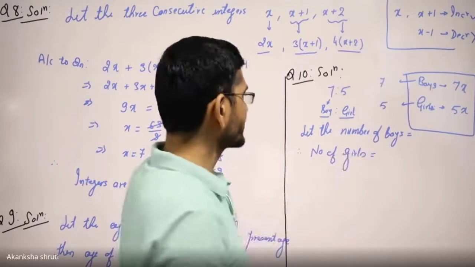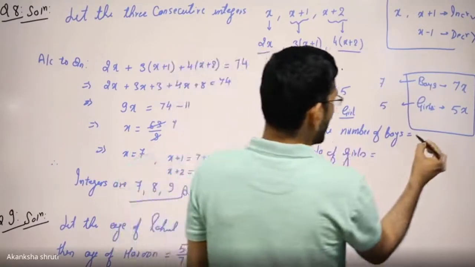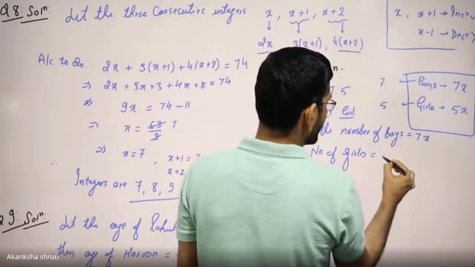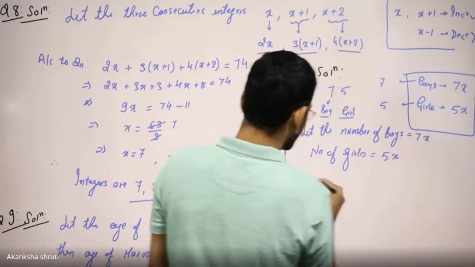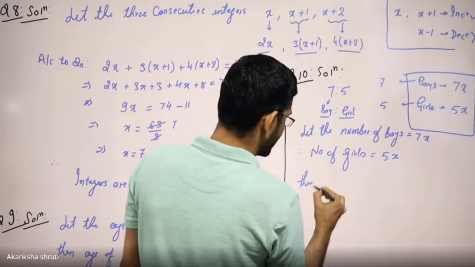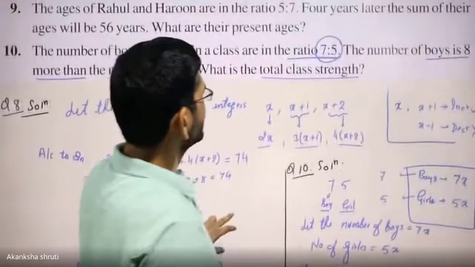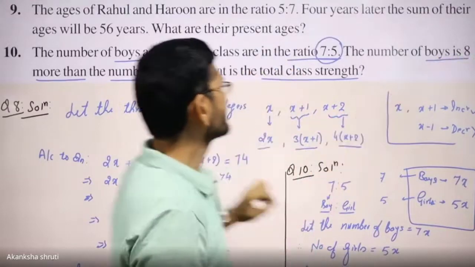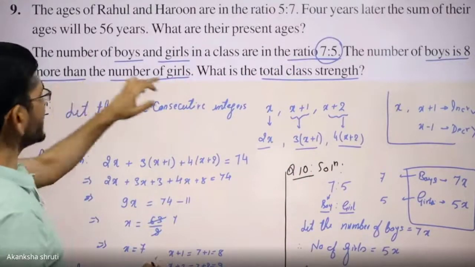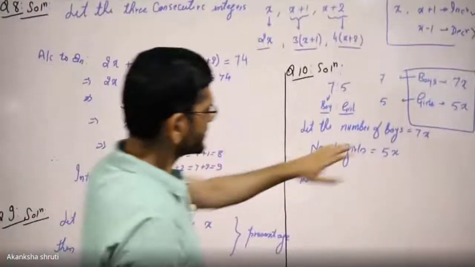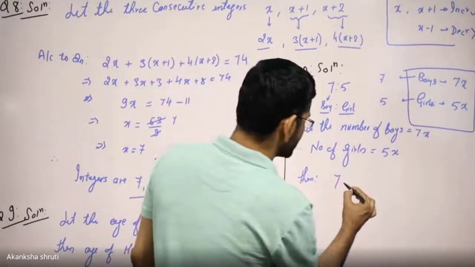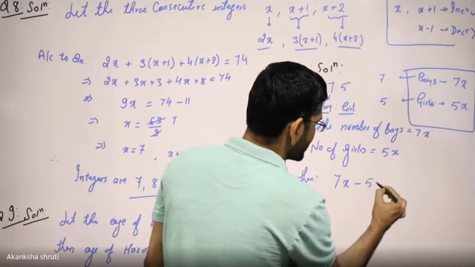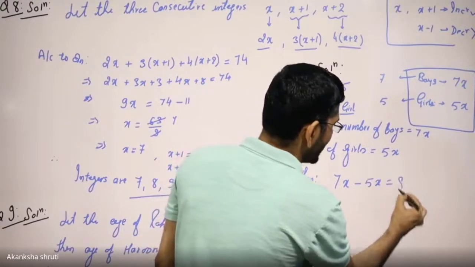Okay. So let the number of boys be 7x and the number of girls be 5x. Then according to question, it is given that number of boys is 8 more than number of girls. Means what? Number of boys 7x minus number of girls 5x, it is 8.